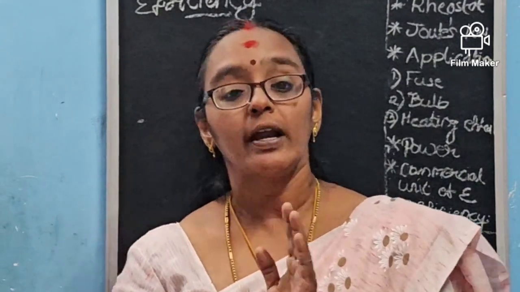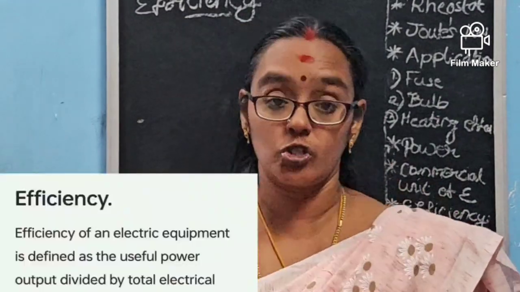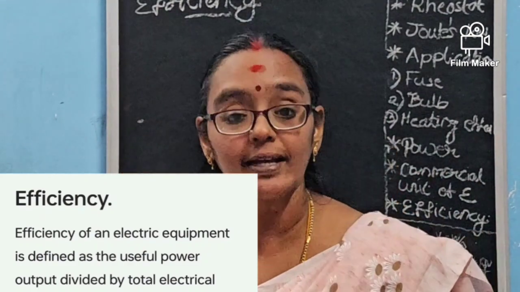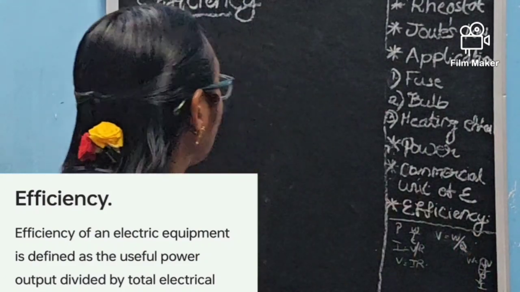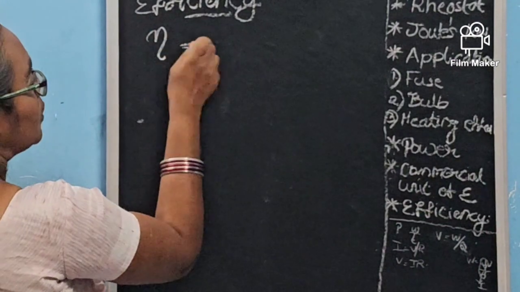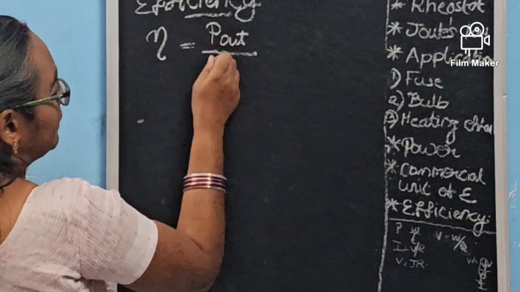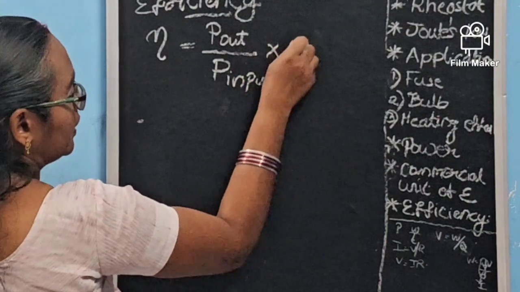How much power it has emitted to how much power it consumed is the efficiency. Efficiency should always be represented as a percentage. Efficiency eta is equal to power output divided by power input into 100%.